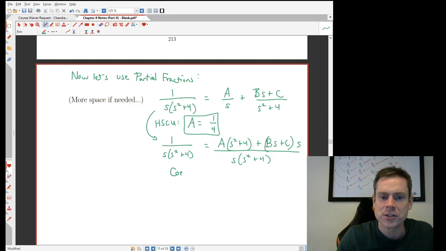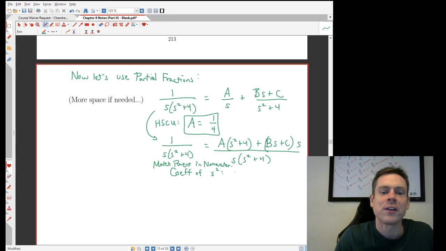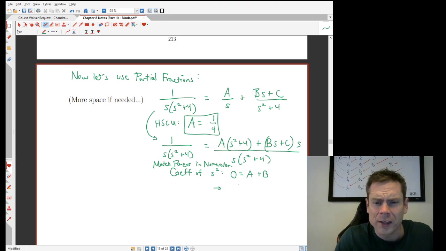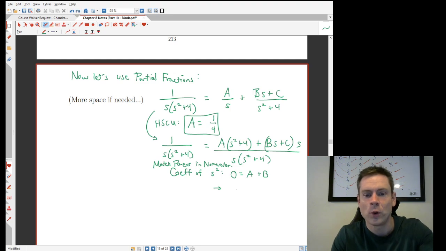So the coefficient of s squared on the left and the right, if we match powers in the numerator, the coefficient of s squared on the top is 0 on the left, and on the right it's A plus B. And that's going to force, A we already have is 1/4, so that's going to make B equal to negative 1/4.